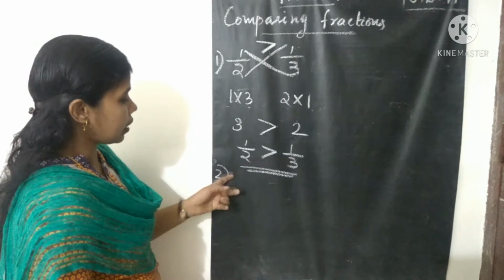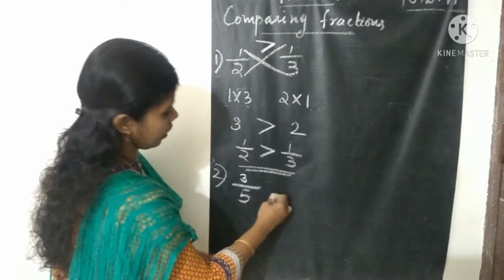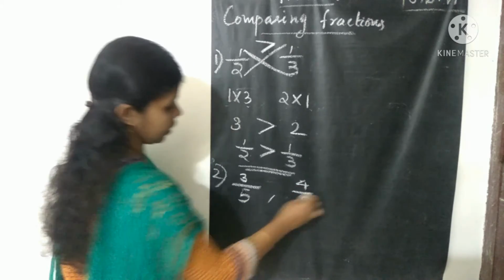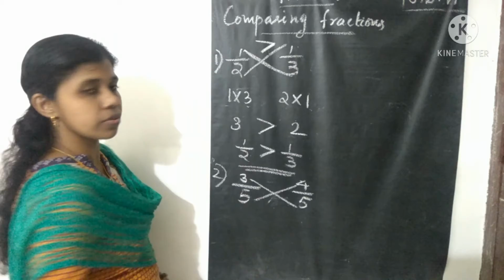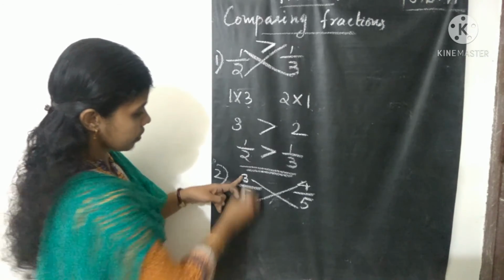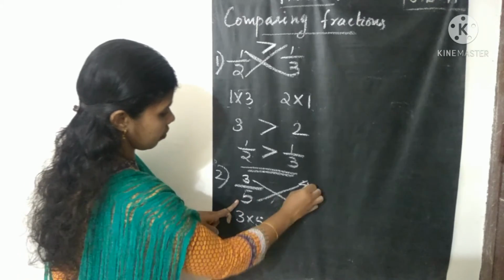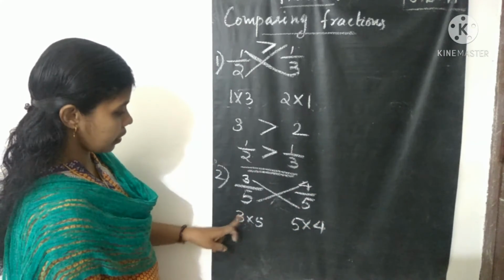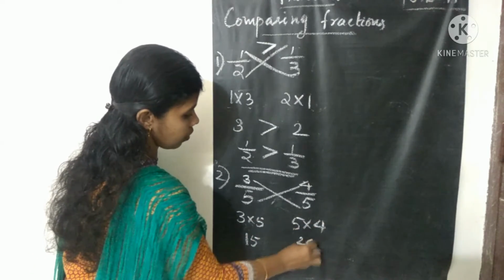Okay. Our next question: 3 by 5 and 4 by 5. Here also cross multiply. The first product is 3 into 5, the second product is 5 into 4. 3 5s are 15, 5 4s are 20.